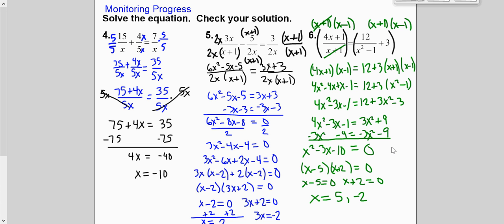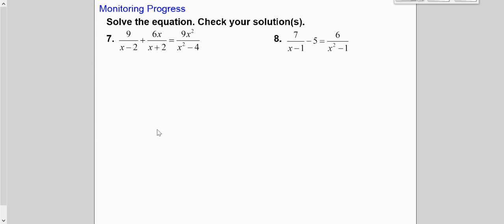All right, here's the answer to number 6. 5 and -2. Make sure it doesn't make your denominator 0. Those both work. Here's 7 and 8. Copy them down, pause your video, work them out, give it a try.